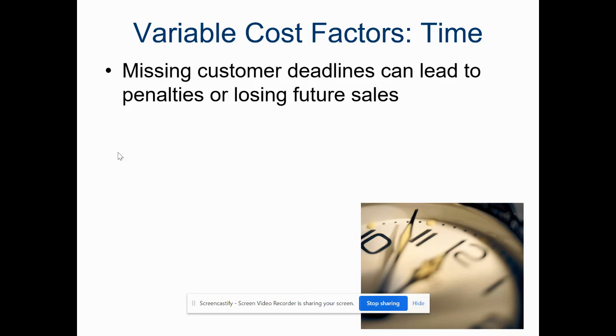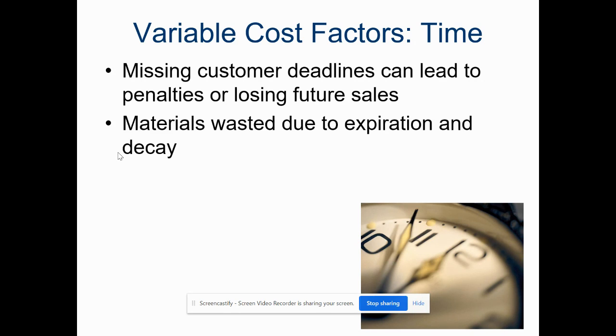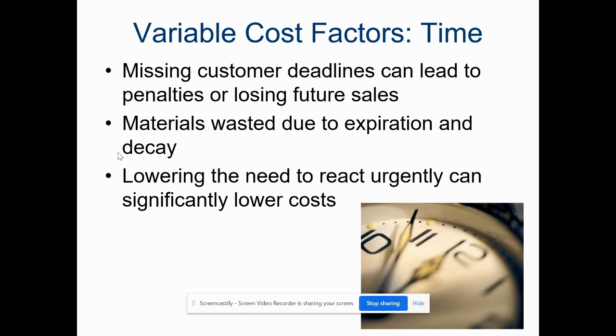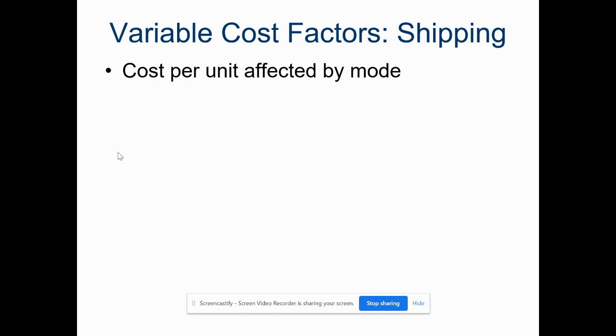Time, you might need to make a deadline. Time can cause you a variable. So that can hurt you if you don't make those deadlines. Let's see what else. Shipping, it just depends.